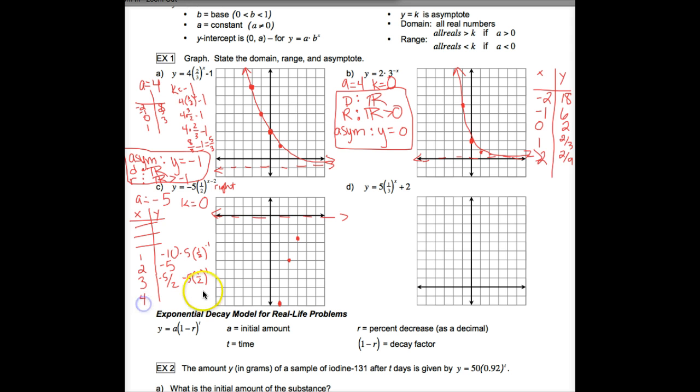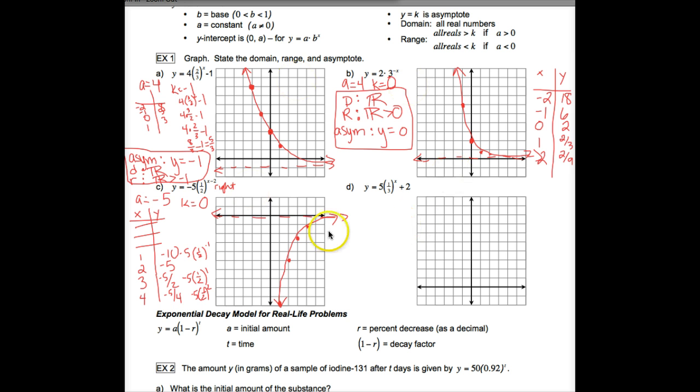At 4, I've got negative 5 times 1/2 squared. 1/2 squared is 1/4. So this is negative 5 over 4, which is negative 1 1/4. So right here. So that should be enough to see our shape. It approaches but doesn't touch our asymptote. And there is our graph.